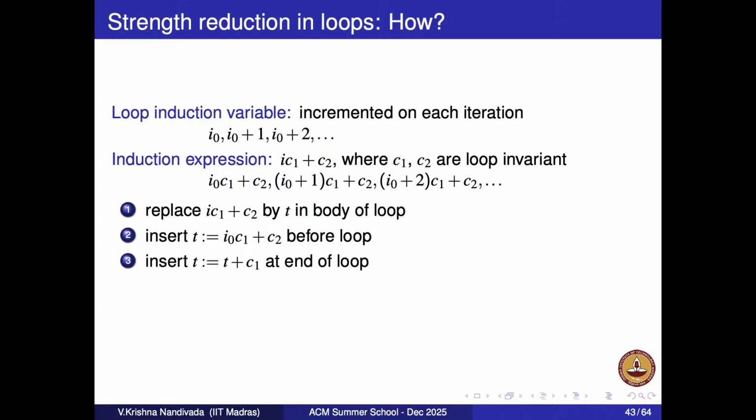I know the initial value, which is I0 C1 plus C2. Outside the loop, I will insert code like this: t equal to I0 C1 plus C2. Wherever this expression I C1 plus C2 is there, replace it with this t.